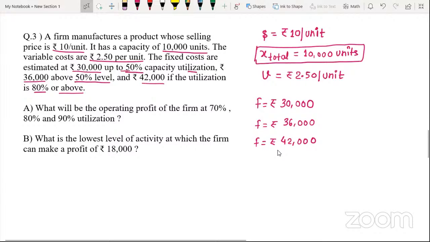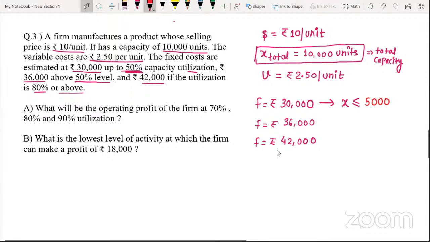Look here, up to 50% capacity utilization. So this is the total plant capacity, total they can produce 10,000 units. So they are saying that up to 50% capacity, it means the value of x is less than or equal to 5,000.